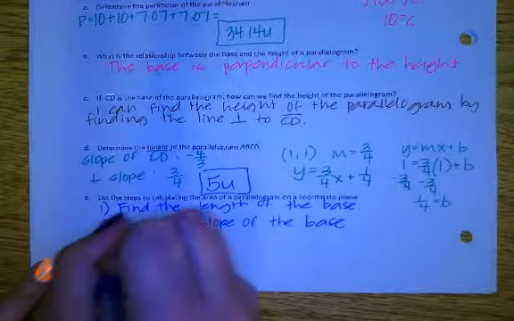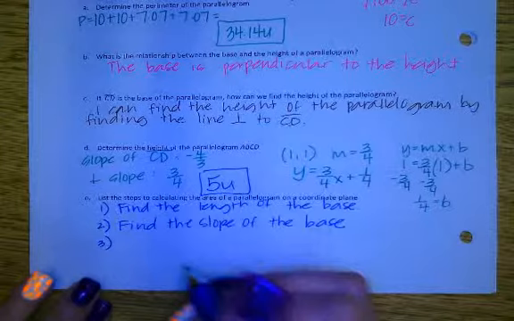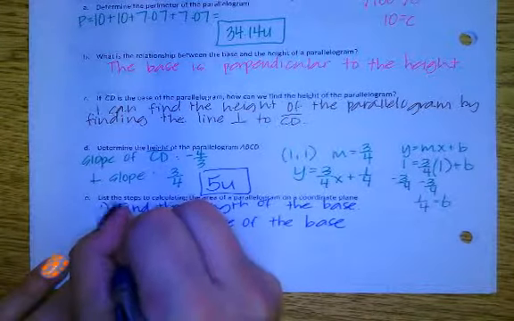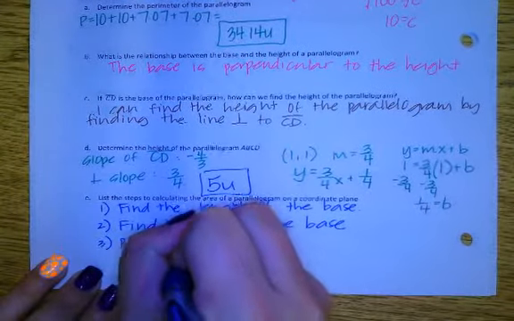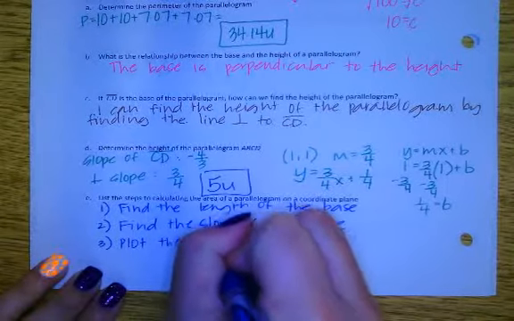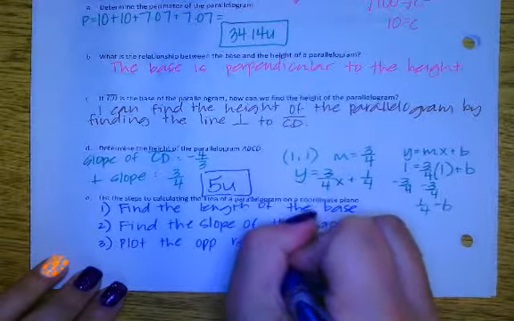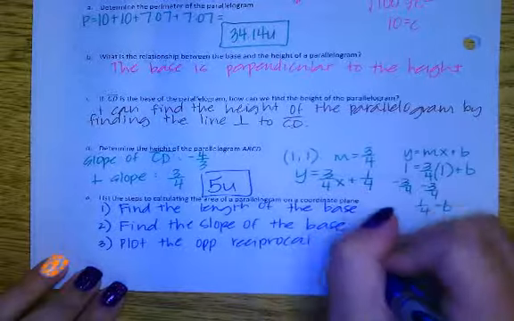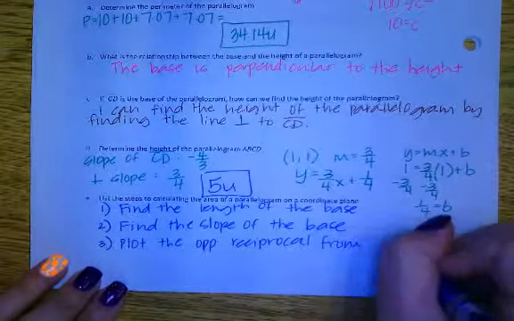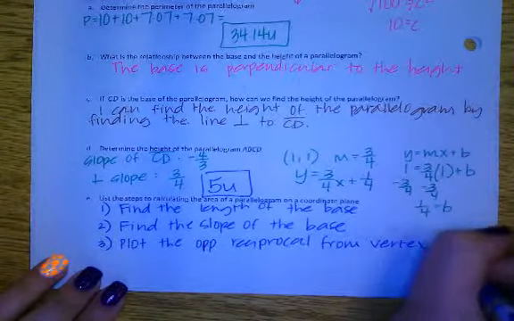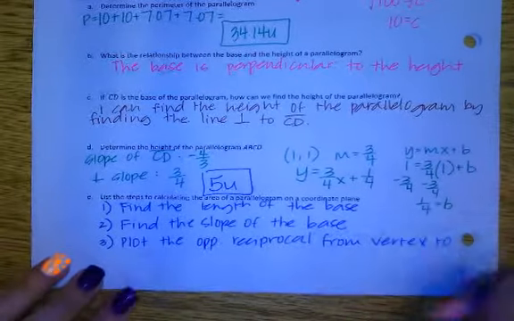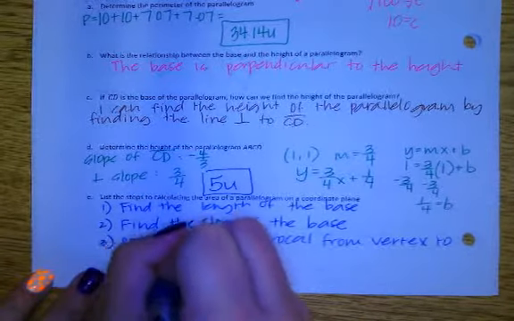Then what? Very good. So plot the opposite reciprocal from vertex, which was A, to a point on the base.